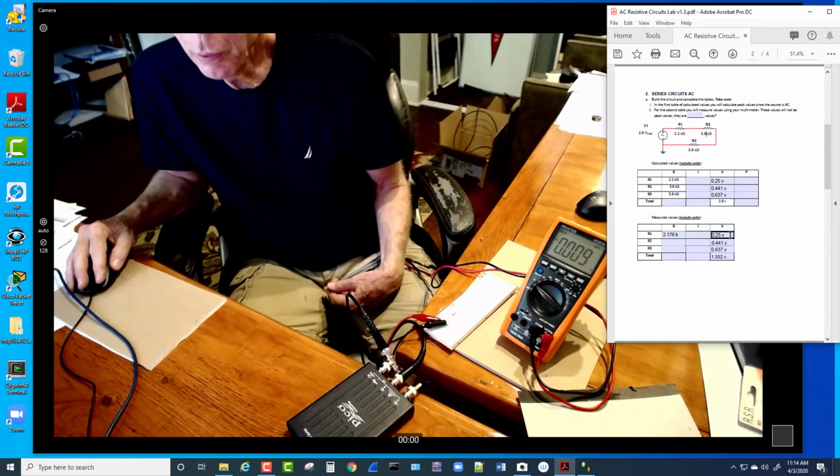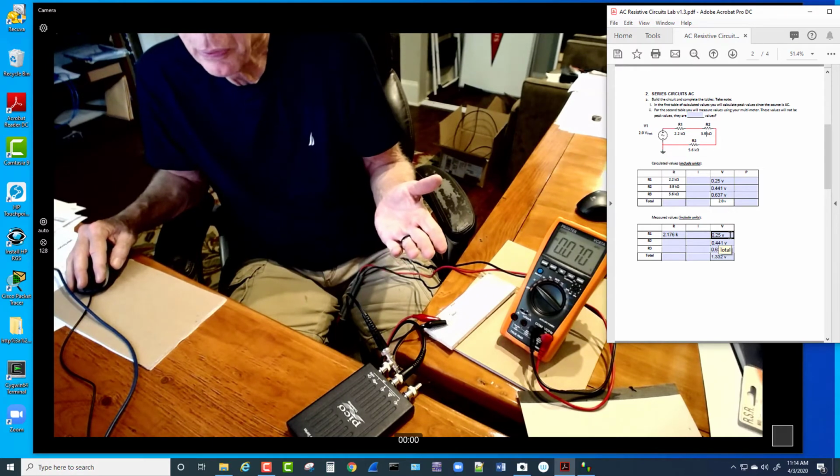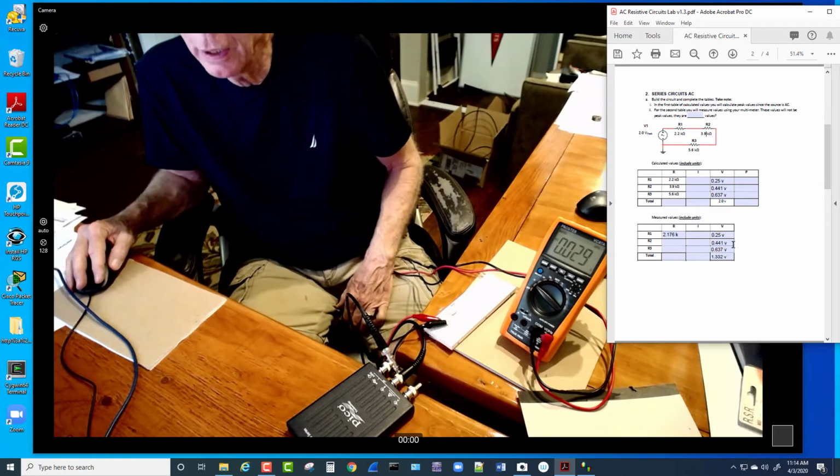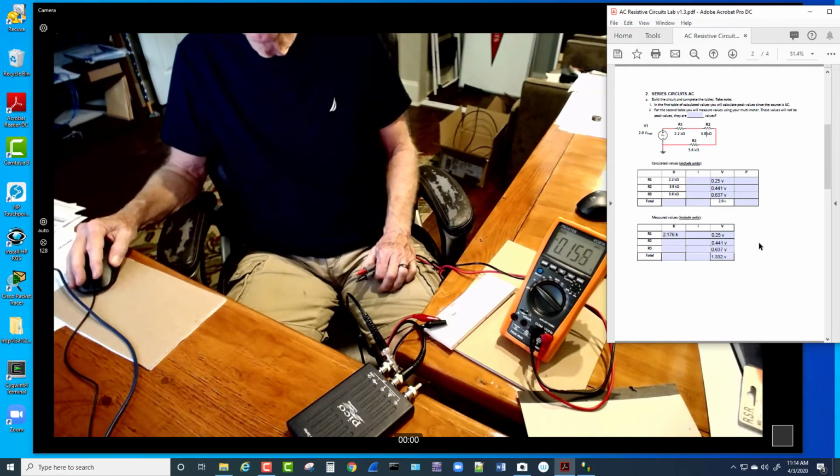And then if we add 0.25 to 1.07, that'd be 1.32, so right there. So these three total up to that. That's encouraging, at least. Kirchhoff's law holds there.